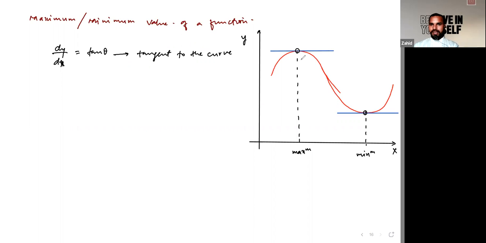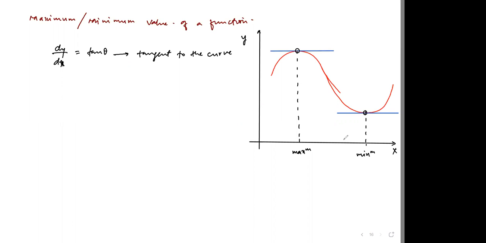Now, if I ask you to define the inclination of this blue line with respect to the x-axis, what will be your answer? So you'll say, since this line is parallel to the x-axis, its inclination would be 0. Is it clear? Yes, sir.